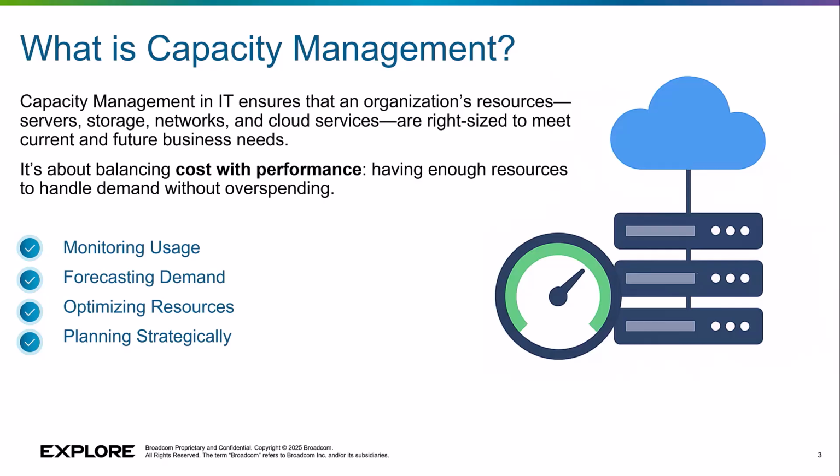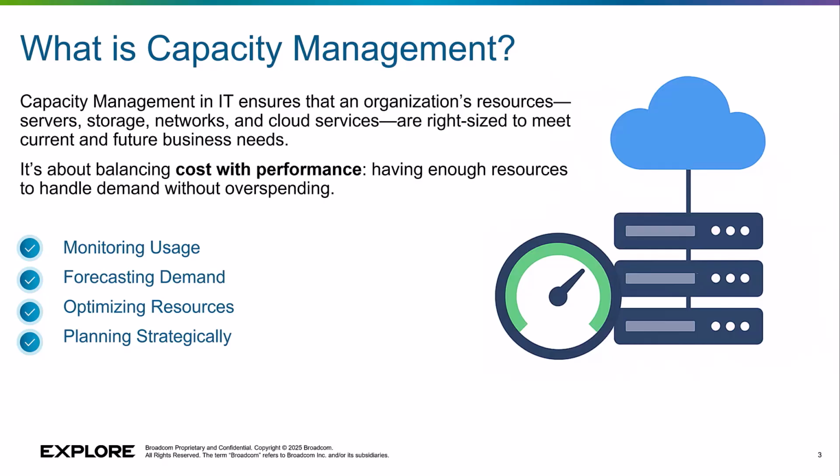Some of the key elements around capacity management are monitoring usage, tracking CPU, memory, and storage to really prevent downtime and bottlenecks. It's about forecasting demand, predicting future growth based on trends, business initiatives, or even seasonal spikes.